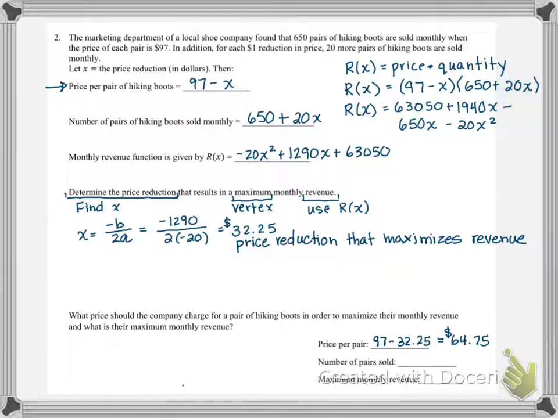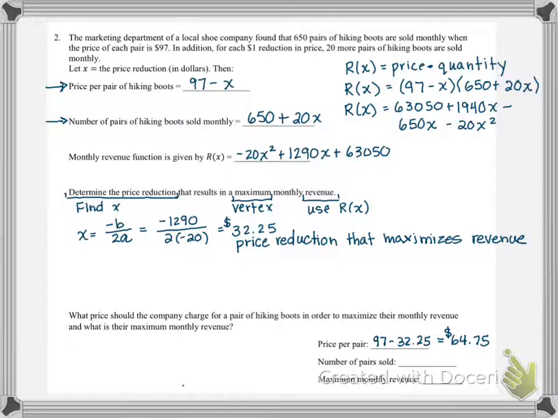How many pairs of boots should I sell? How would I find that? Yeah, so right back up here, it tells us exactly how to find a quantity that corresponds to a certain price reduction.